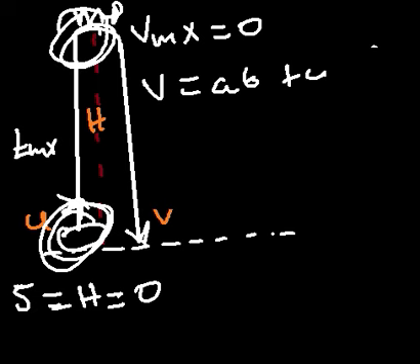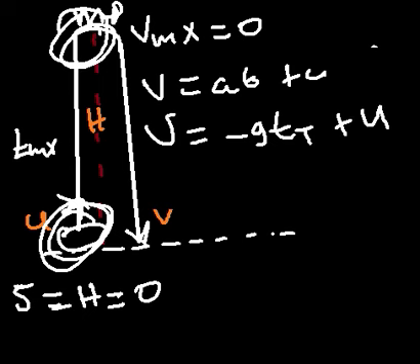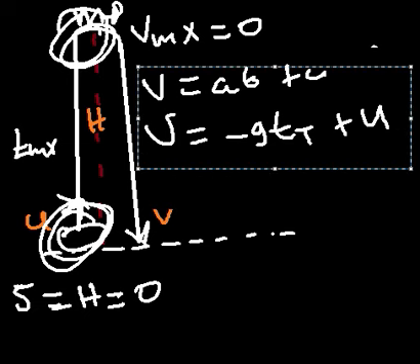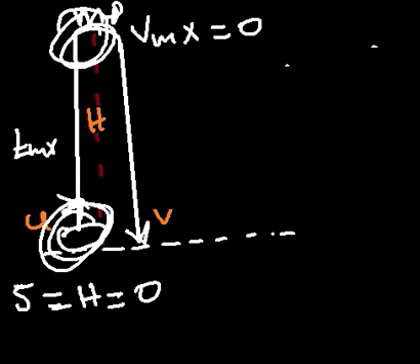Since this is free fall, the final velocity is equal to negative g t total plus u. If we have the t total and the initial velocity, we can have the final velocity using this formula as well.